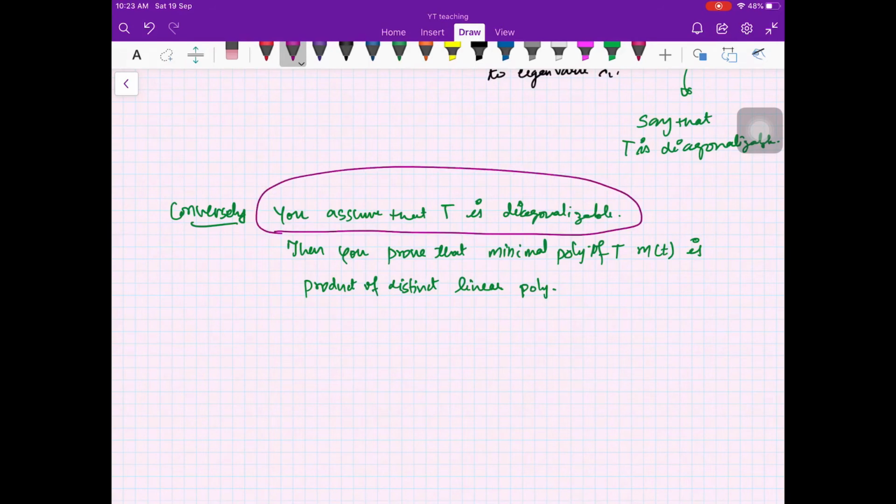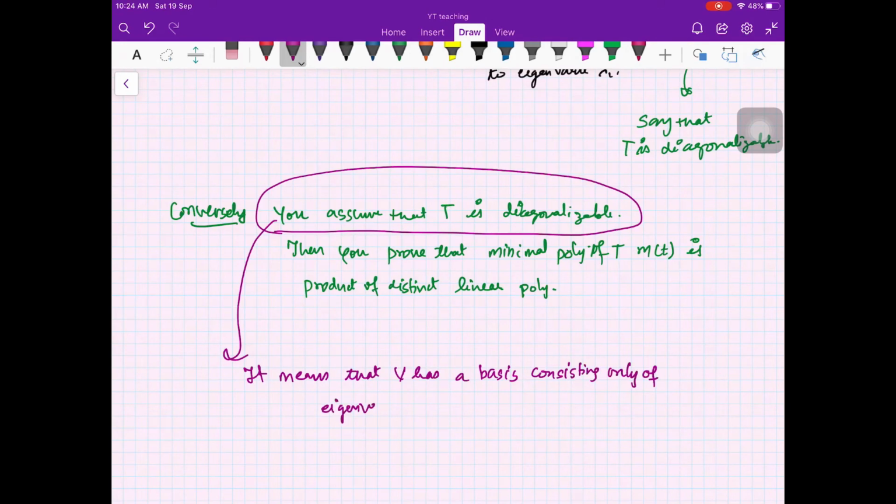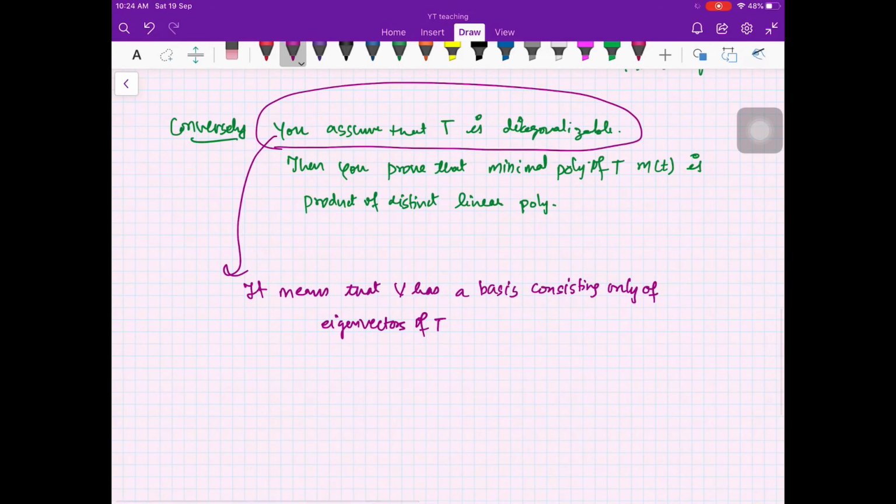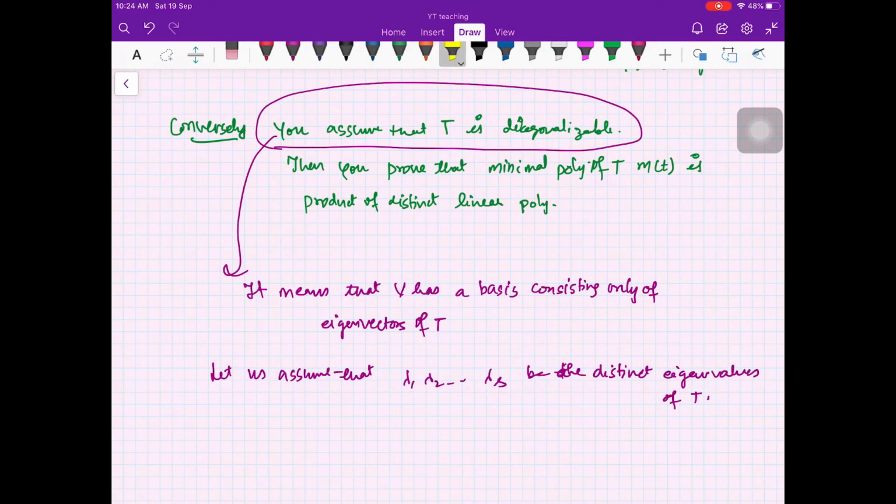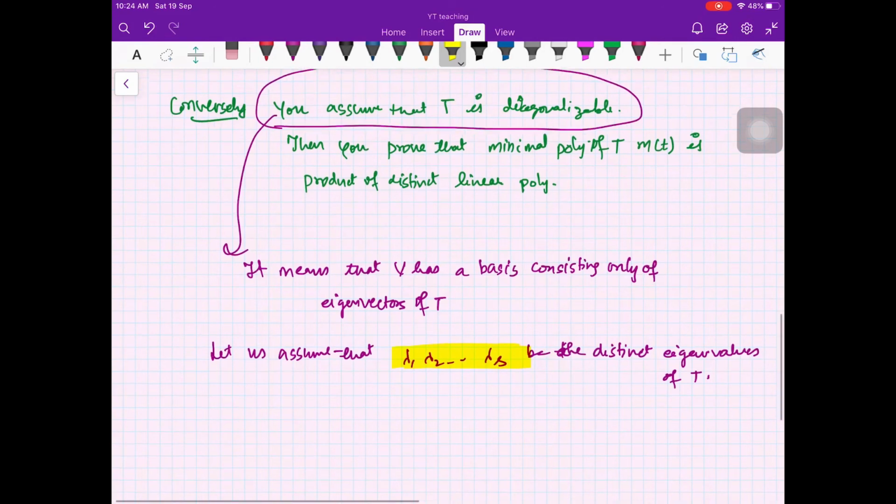So the moment you get that T is diagonalizable, it means that V has a basis consisting only of eigenvectors of T. Okay, so you have a basis consisting only of eigenvectors of T. Let us further assume lambda 1, lambda 2, ..., lambda s are the distinct eigenvalues of T. We are not saying all the eigenvalues, we are talking only of the distinct eigenvalues of T, right?